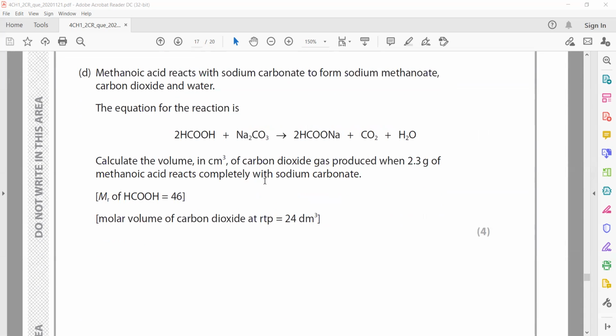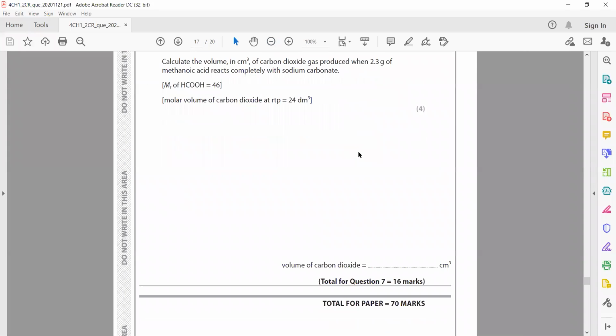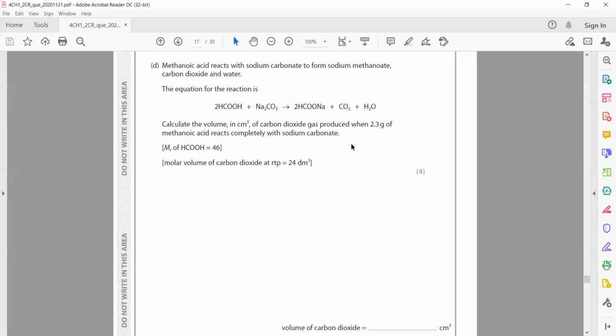Methanoic acid reacts with sodium carbonate to form sodium methanoate. The equation is there. Calculate the volume in cm cube of carbon dioxide when 2.3 grams of methanoic acid reacted completely with sodium carbonate. So methanoic acid is a limiting reagent. So first we'll find the moles of methanoic acid.